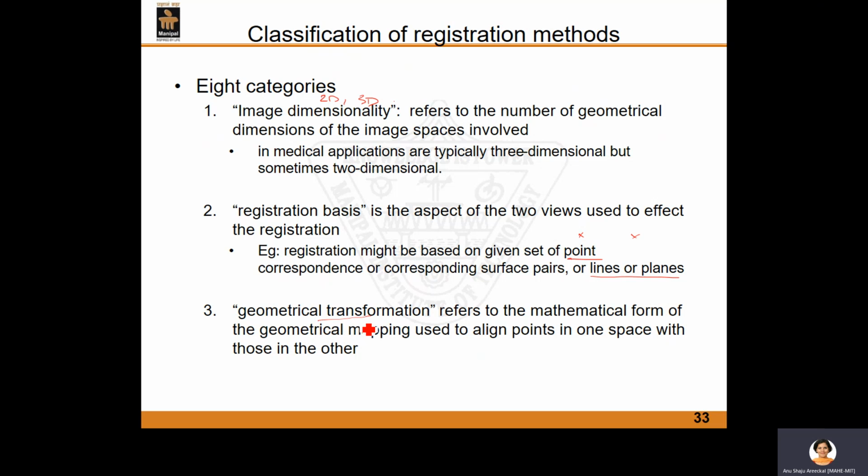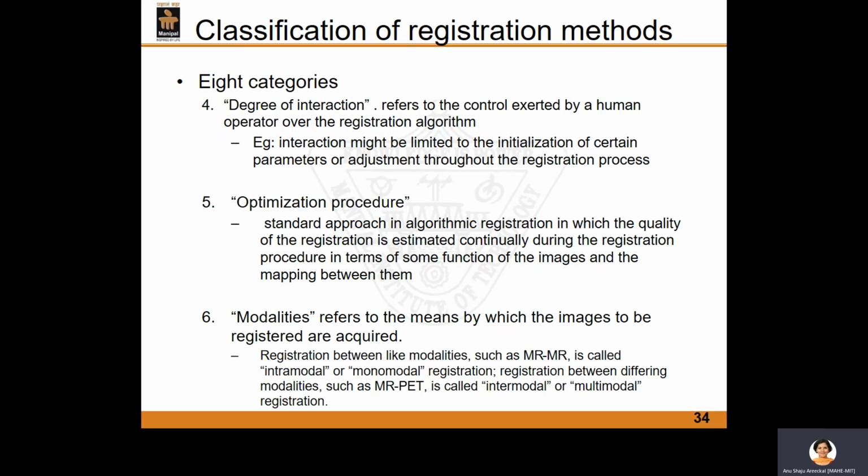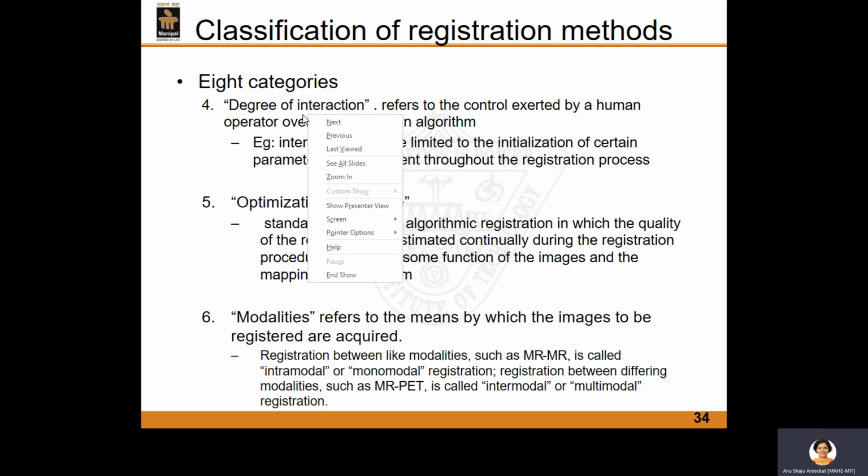Depending upon whether the transformation is a Euclidean transformation or an affine transformation, etc., you can again classify different registration methods. Another parameter that can be used for categorizing the registration methods is the degree of interaction.